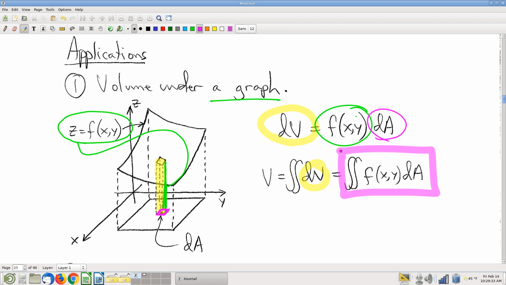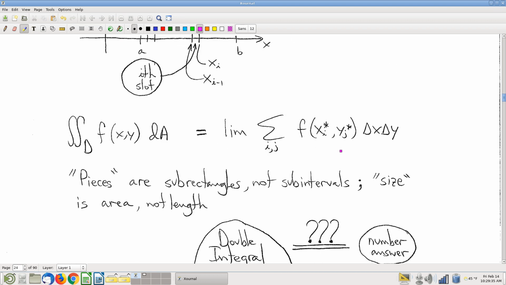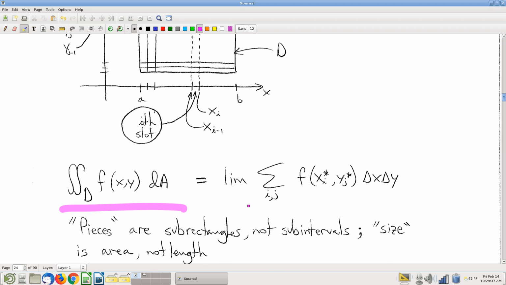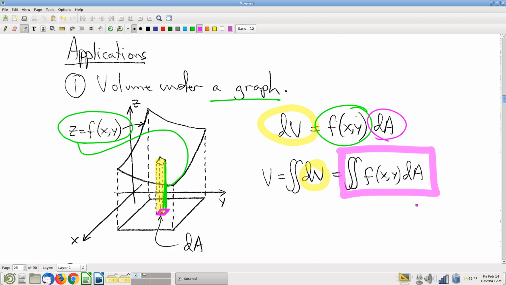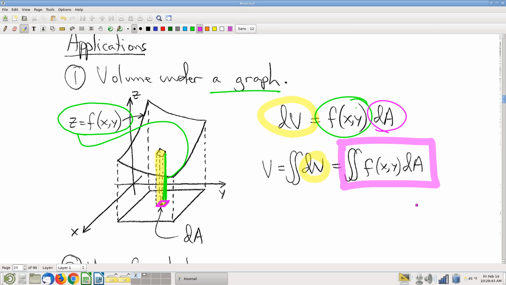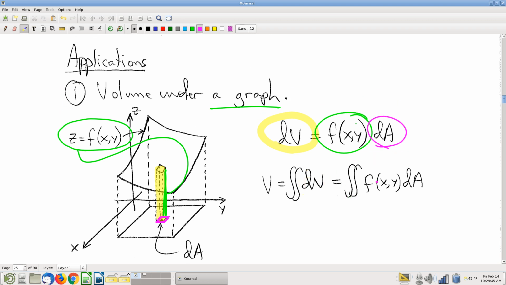Now, don't forget, integrals are Riemann sums. So let me rewrite this now just to emphasize what is the Riemann sum that we're dealing with when we write this down. Well, the Riemann sum is limit, summation, indices, etc. And we'll have f(xi star, yj star) delta x, delta y.